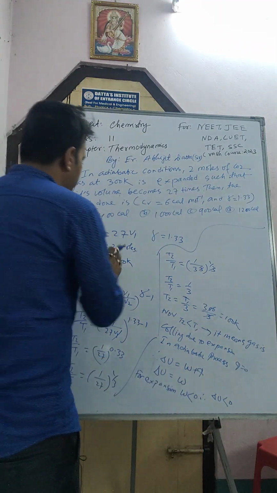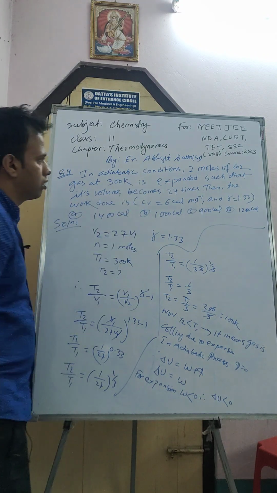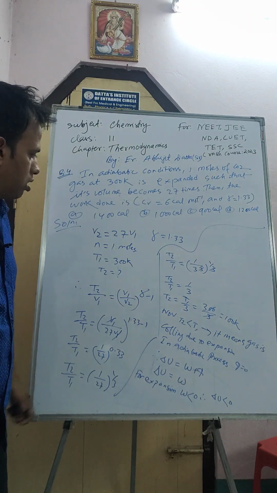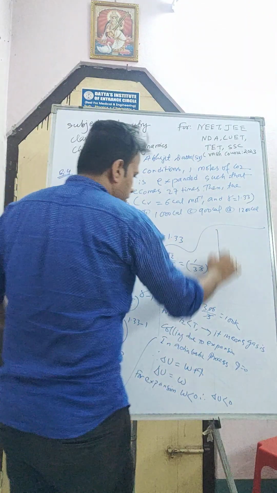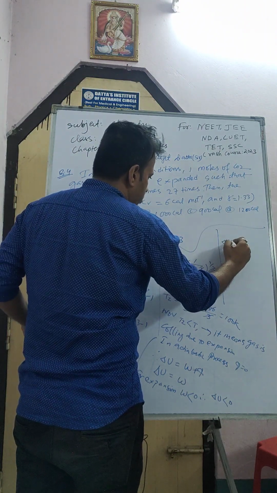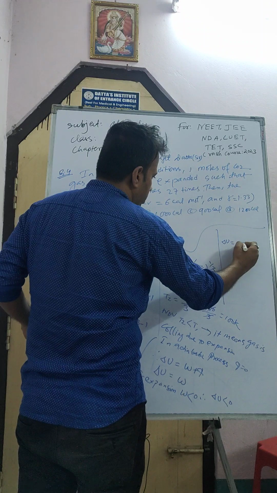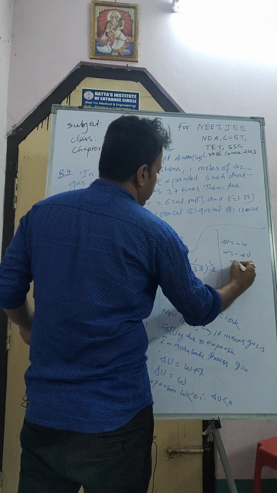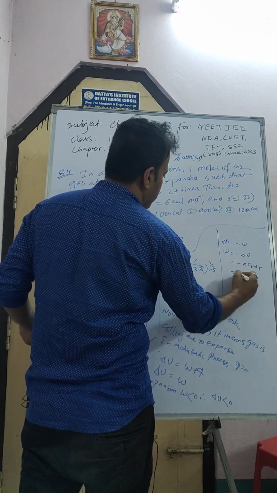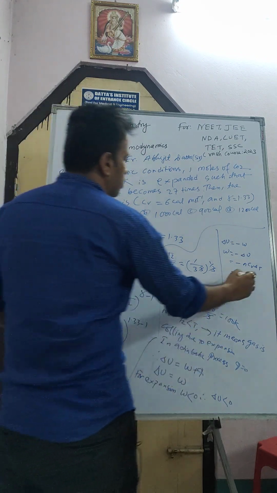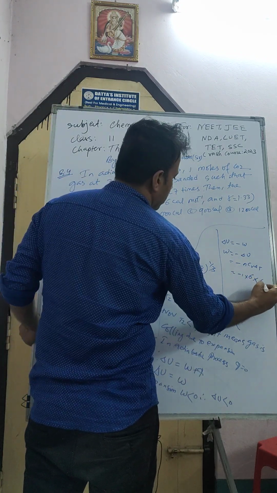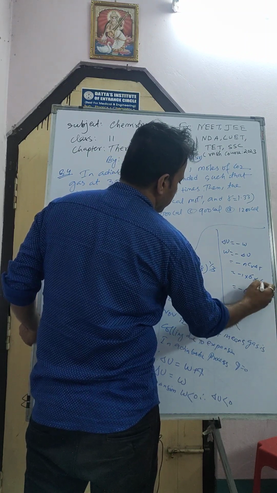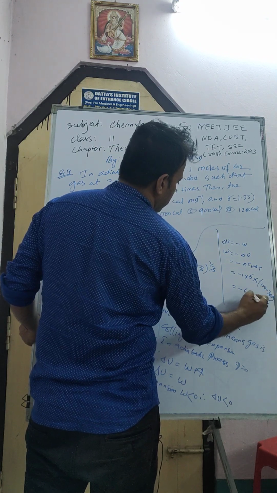Here n is 1. So after that we can write ΔU is equal to minus ΔW, or ΔW is equal to minus ΔU. So ΔU is n Cv ΔT. n is 1, Cv is the specific heat, 6, and ΔT is 100 minus 300, it will be minus 200.